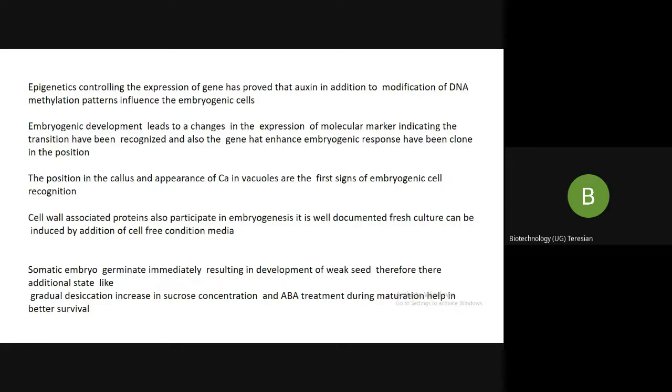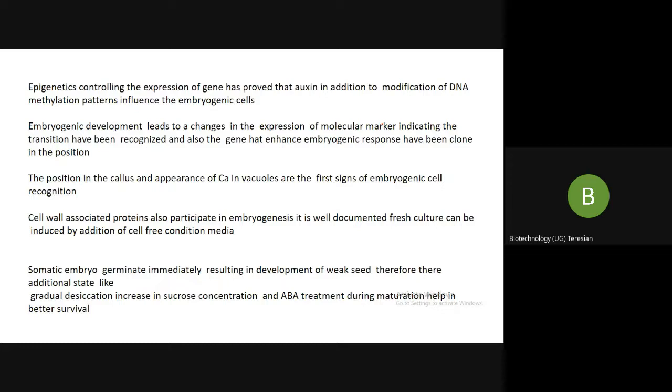So in embryogenic development, changes in expression occur, molecular markers indicating the transition have been recognized, and also the genes that enhance the embryogenic responses have been cloned.